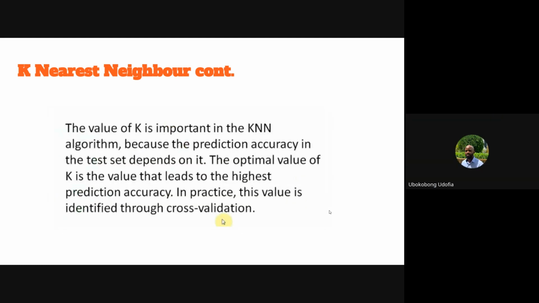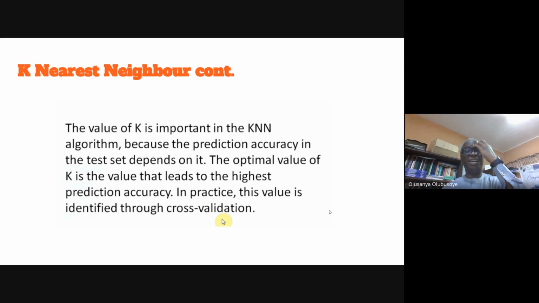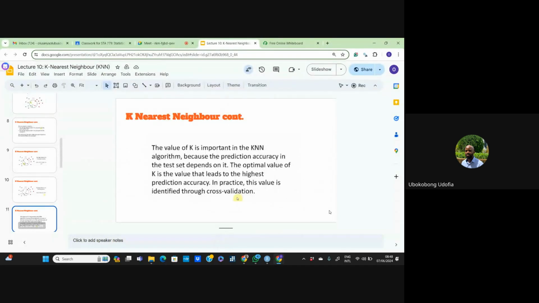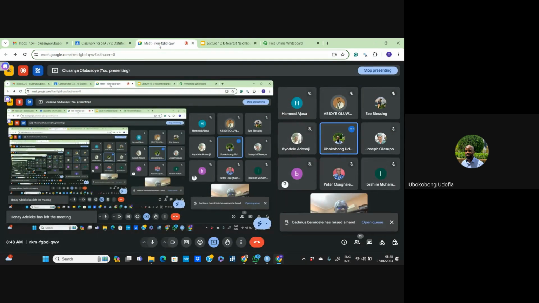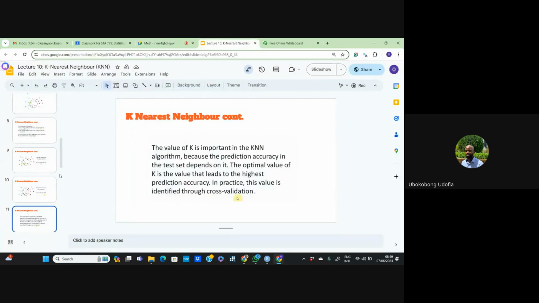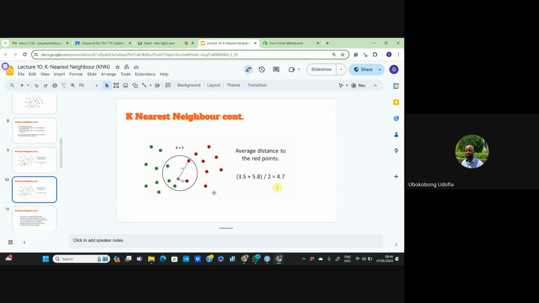Yes, sir. But I have a question. Ask your question. My question is, in a situation where we draw the circle, let's say for the green we have 5 green points, then we have just one red point. But that one red point is closer to the gray than the 5 green points.